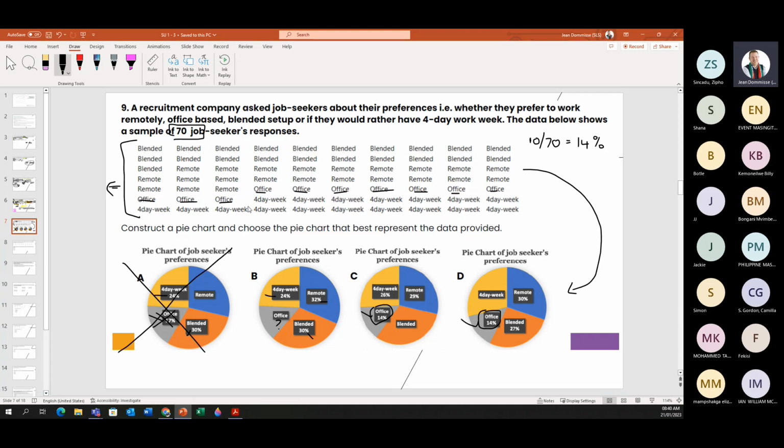Okay, then it feels to me the 4-day week is the next one that we can count. So 1, 2, 3, 4, 5, 6, 7, 8, 9, 10, 11, 12, 13, 14, 15, 16, 17. So 17 out of 70. 17 divided by 70 is 24%.